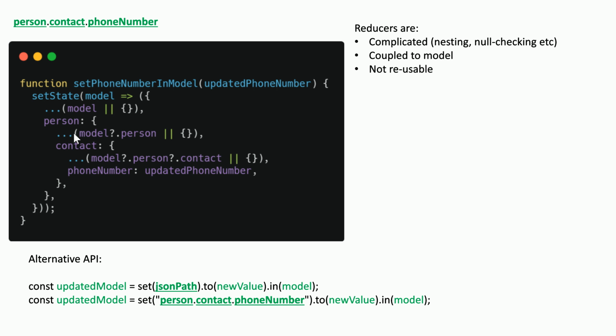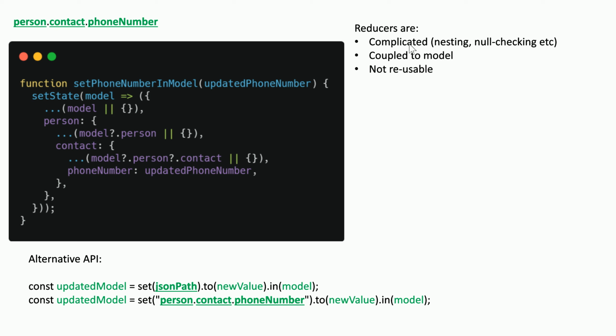Instead of writing all of this nested spreading and null checking, where if any of the JSON path is missing, it builds up the proper object and spreads that in with all of the original references maintained except for the updated ones, what if we just had a set method that took care of all that complexity for us declaratively?